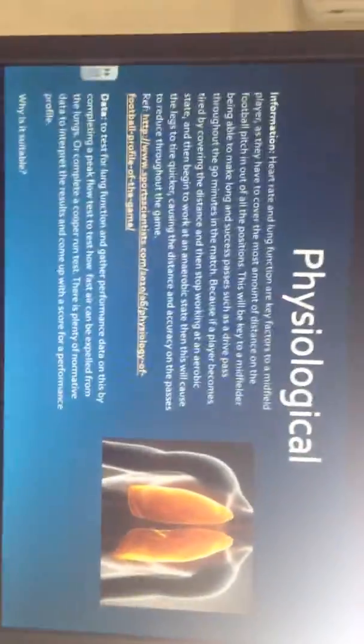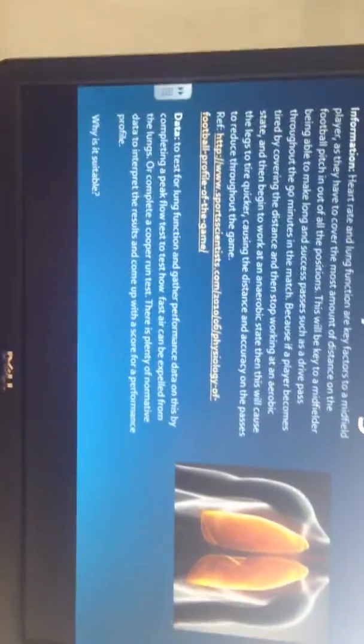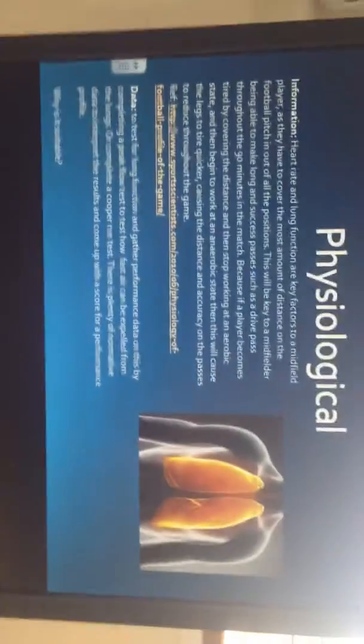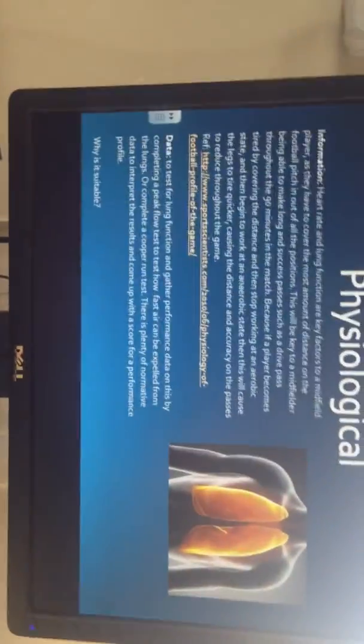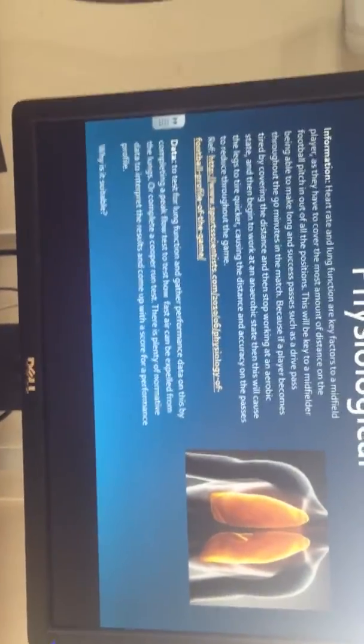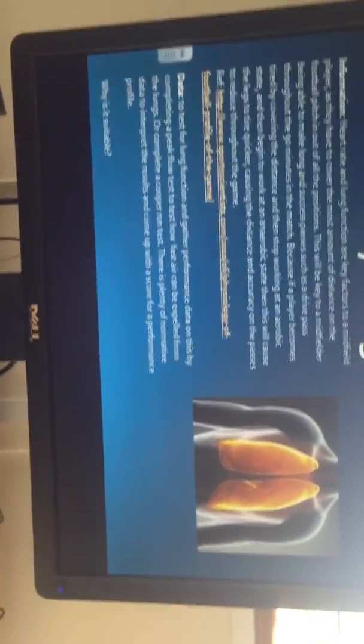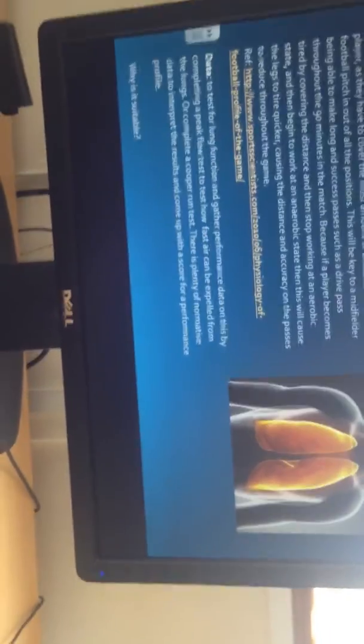So if you were not fit enough, and you were covering this distance, and say a pass that you made in the 10th minute, you come to do it in the 50th, 60th minute, and you've been running around a lot, and your lung capacity and lung function aren't capable of sustaining that amount of exercise over that period of time, then you're going to start moving from aerobic activity into anaerobic activity, and this creates lactic acid.